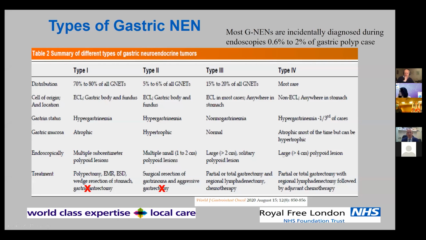Moving on to the stomach, there are 4 types of neuroendocrine tumors in the stomach, types 1 to 4, and these polyps account for 2% of all gastric polyps. By far the most common is the type 1 gastric neuroendocrine or carcinoid tumor.